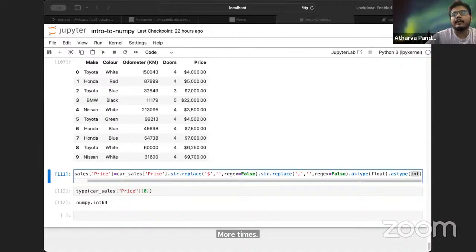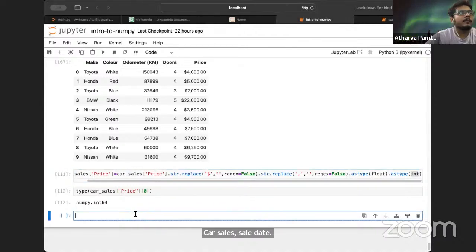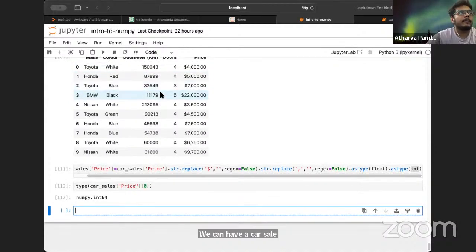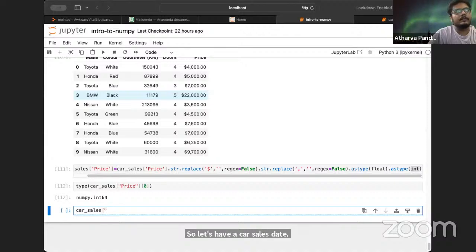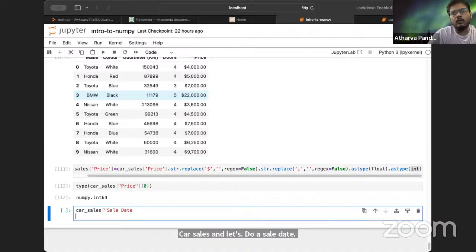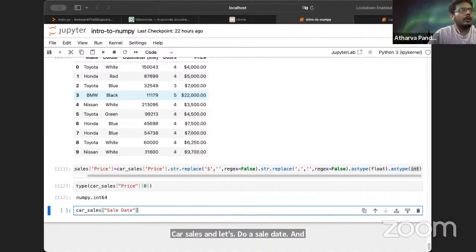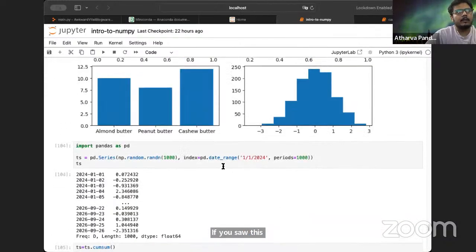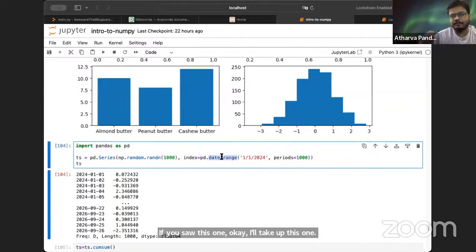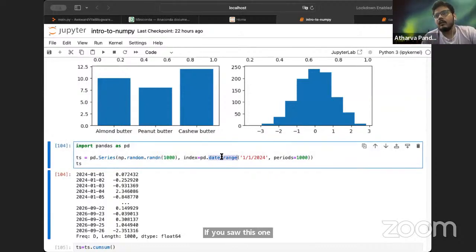Car sale date. We can have a car sale date, right? We don't have a date, so let's have a car sale date. Car sales, and let's do a sale date. Now, if you saw this one, just quickly type, how should I get car sales date?